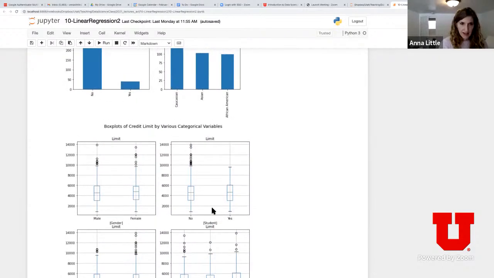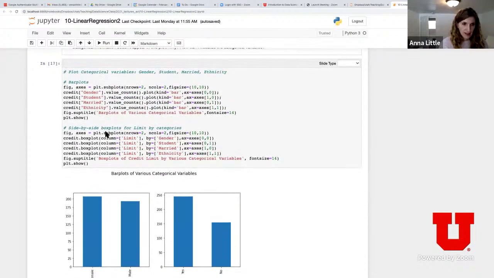Okay, and this is how you would actually do it. First you define your subplots like you were doing in your last homework.